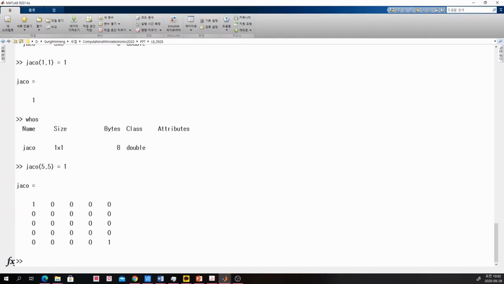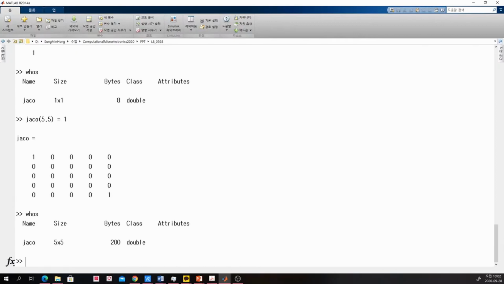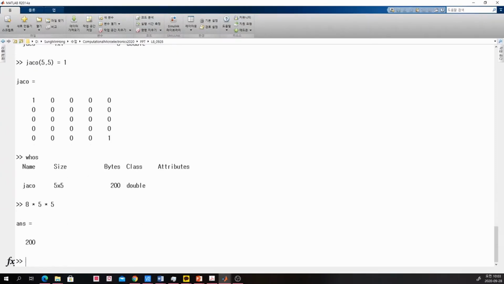Now it is a 5 by 5 matrix, and 1, 1 and 5, 5 are 1 and all others are 0. Let me have a look at it. Its size is 5 by 5 and the bytes are 200. Why do we have 200? Each element takes 8 bytes, and here we have 5 by 5. That's the reason why we have 200.